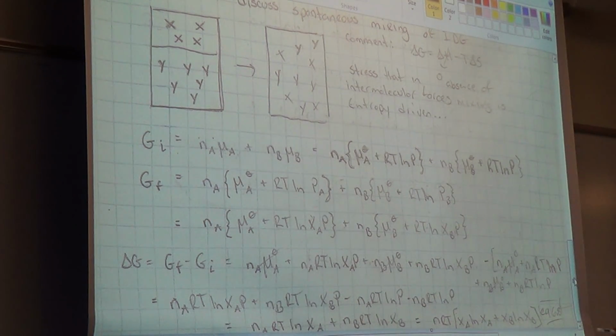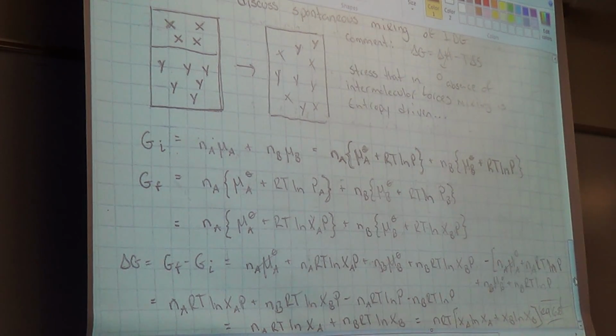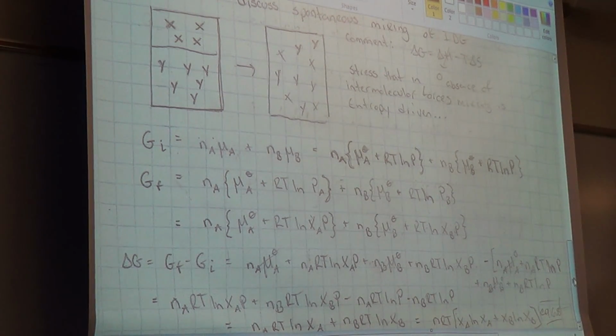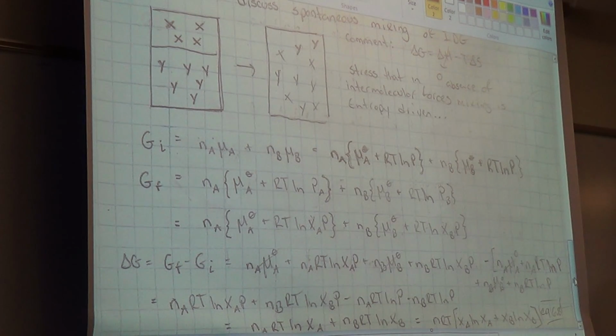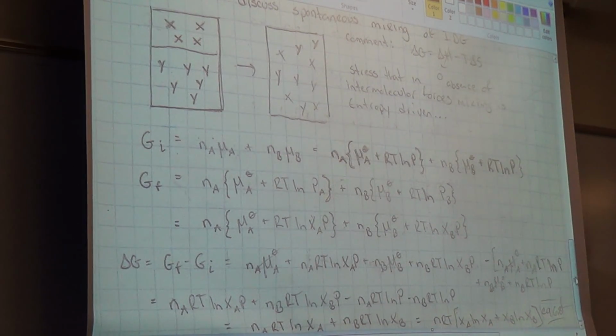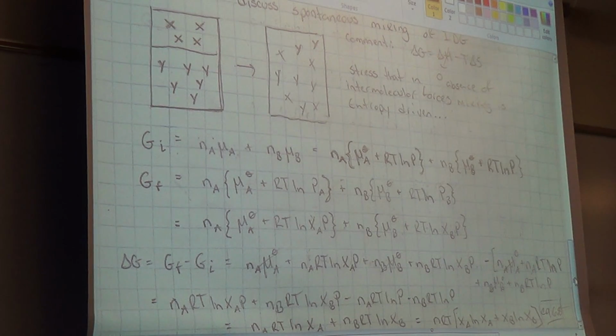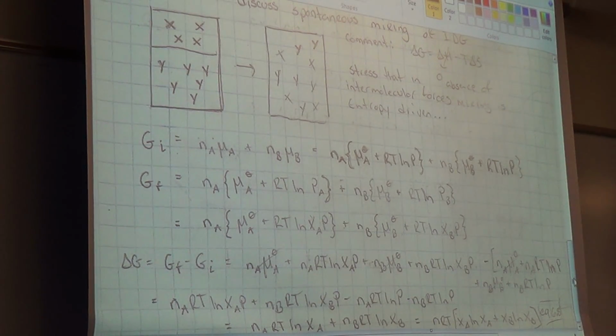And so this term we have, nRT times the mole fractions, is essentially equal to negative T delta S. This effect is important. The same form of delta G is found when we run a calculation on the mixing of an ideal solution.